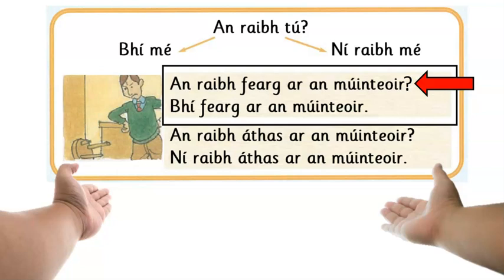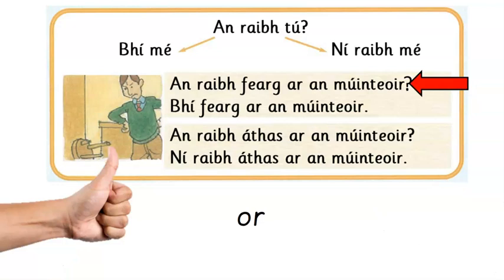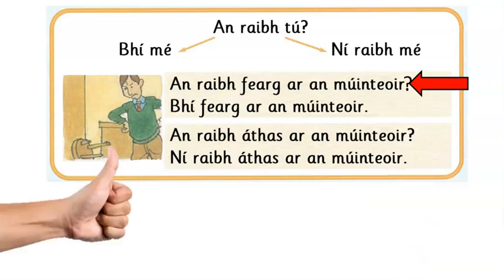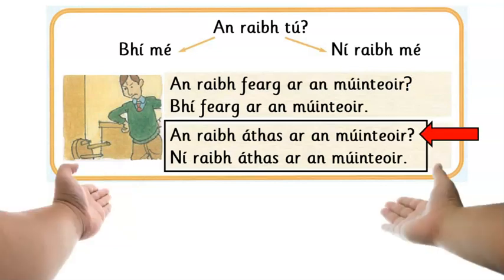And the answers: bhí fearg ar an múinteoir, the teacher was cross, or ní raibh fearg ar an múinteoir, the teacher wasn't angry or cross. And the answer is, of course, bhí fearg ar an múinteoir. The teacher was cross.